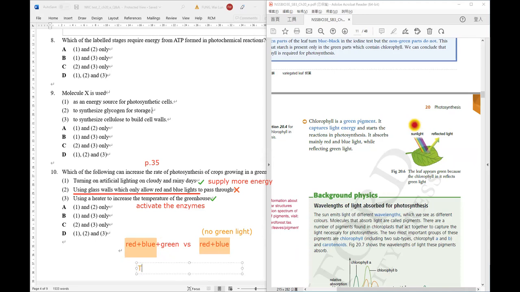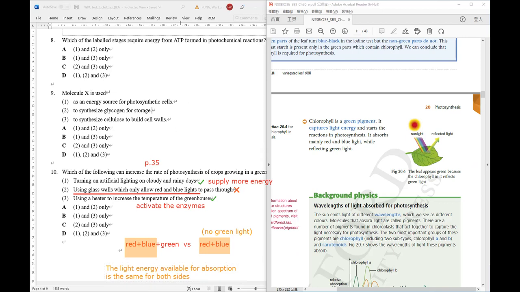So the light energy available for absorption is the same for both sides. So you have the same amount of energy available for absorption.